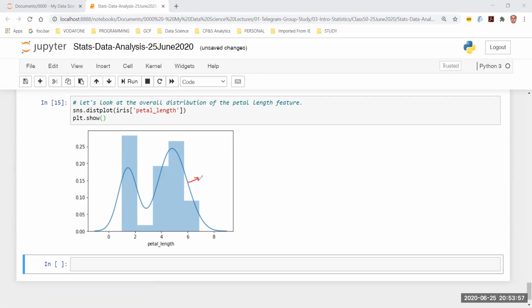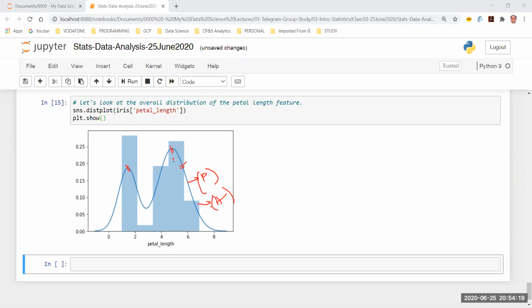In this case, this being the PDF and this one being the histogram, from the histogram I can say there are a lot of modes, but from the probability density function, this graph, I can clearly see it is bimodal. So this is one mode, this is one mode.